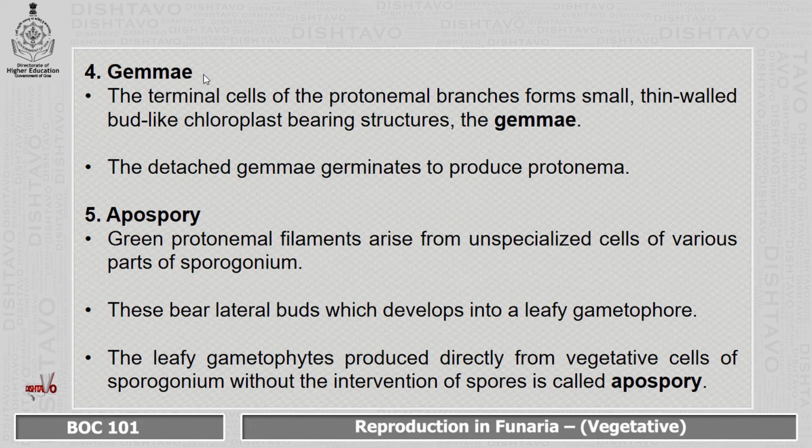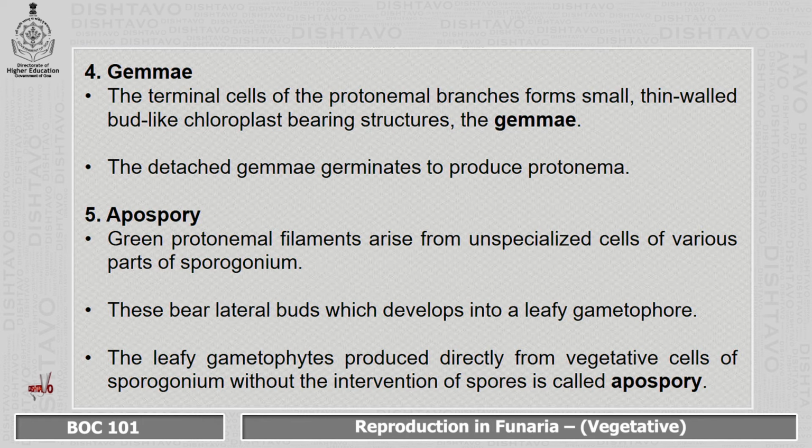Gemmae are the terminal cells of the protonemal branches which form small thin walled bud-like structures bearing chloroplasts. Once the gemmae are functional, they get detached from the parent plant and produce a new protonema, which has the capacity to grow into a new gametophyte.